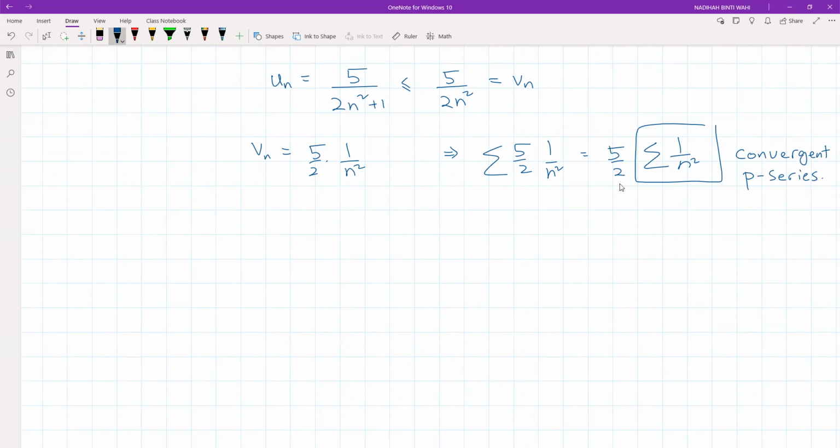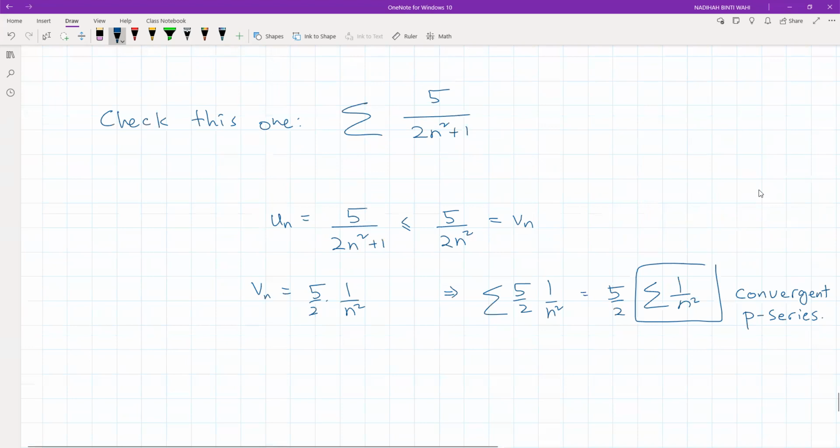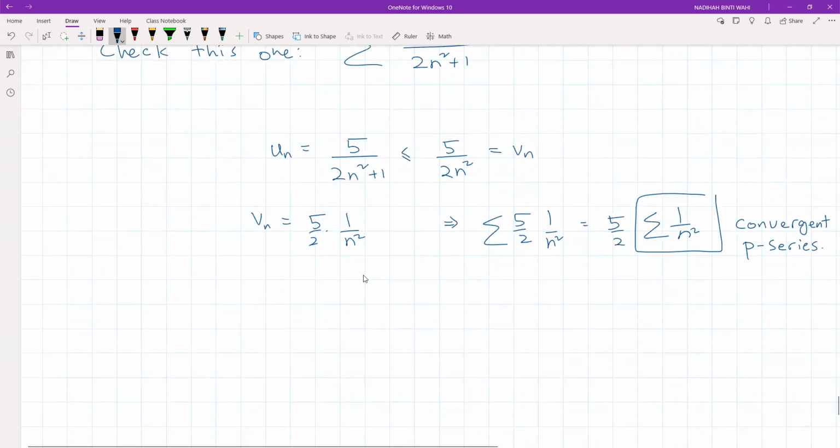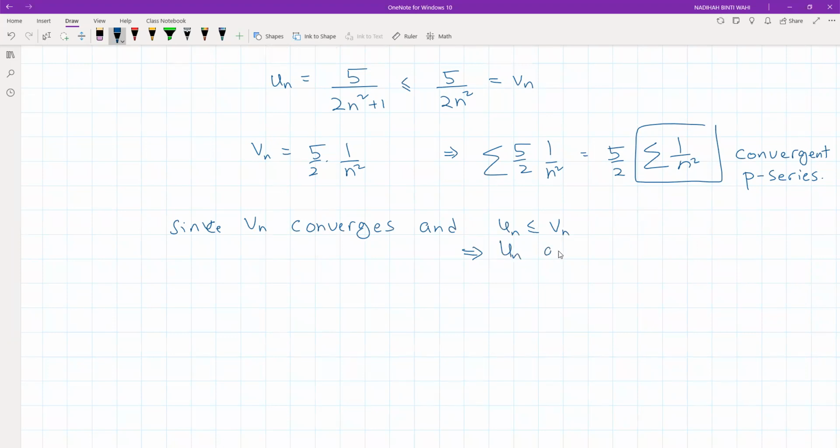Because this one is a finite number, you don't have to worry about 5 over 2. So since Vn converges and Un is less than Vn, therefore Un also converges.